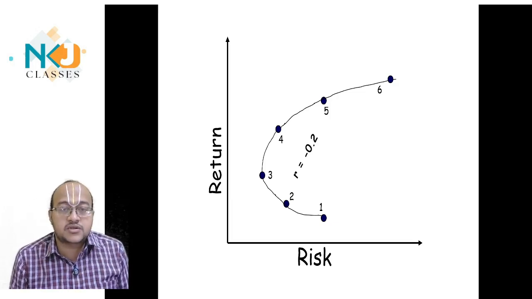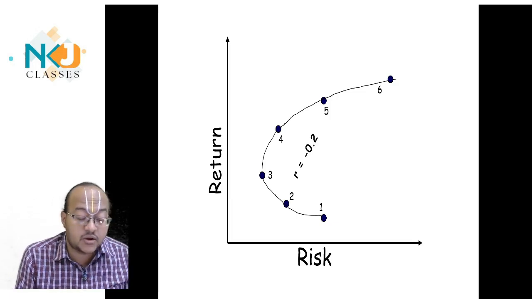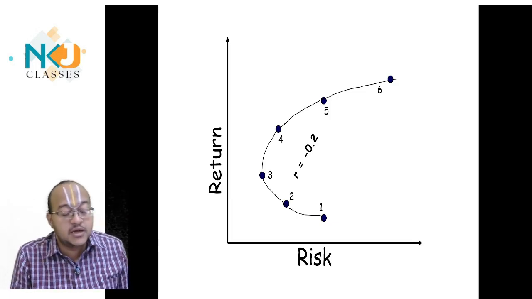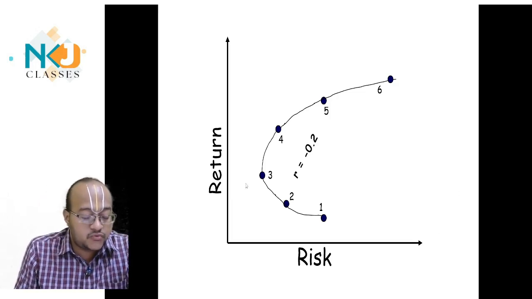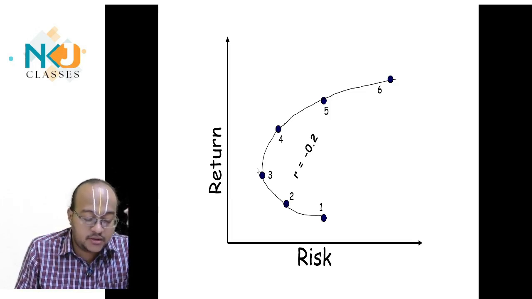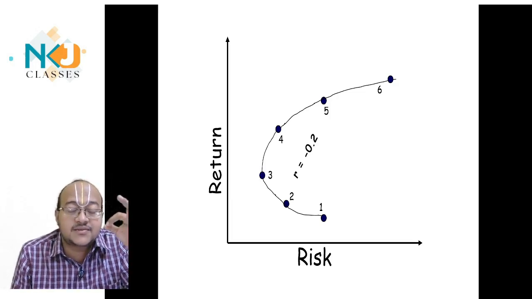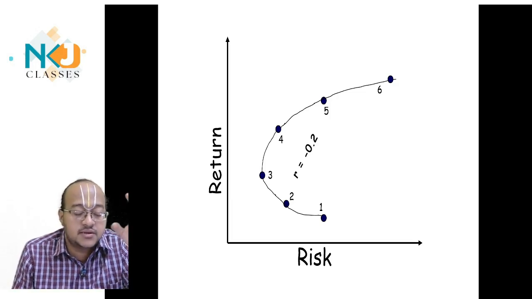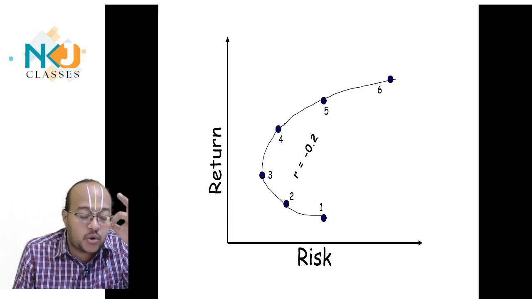This is the portfolio risk when the correlation is minus 0.2. If you notice, portfolio 3 is the point at which maximum risk reduction happens. Are you understanding? Maximum risk reduction happens at portfolio 3.